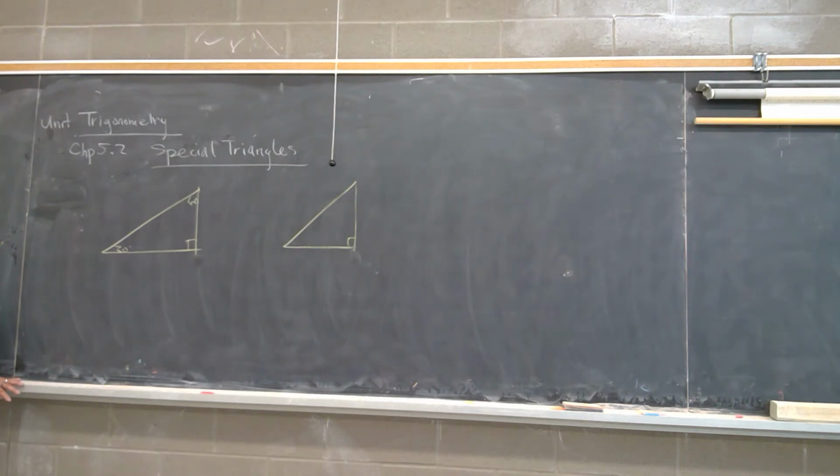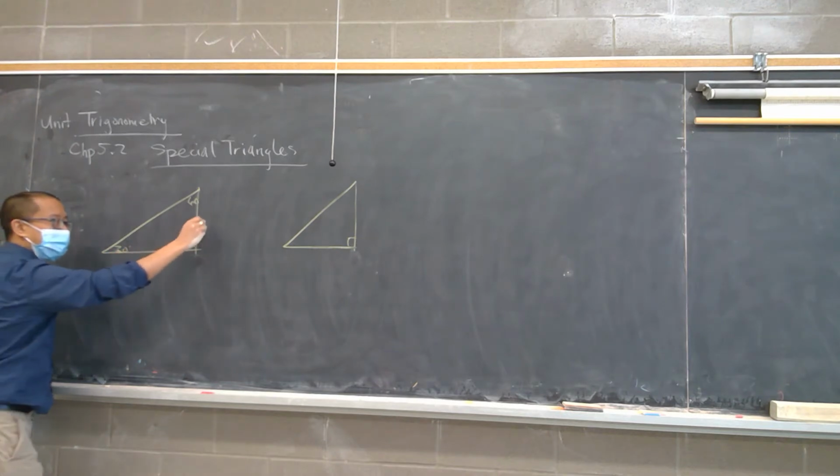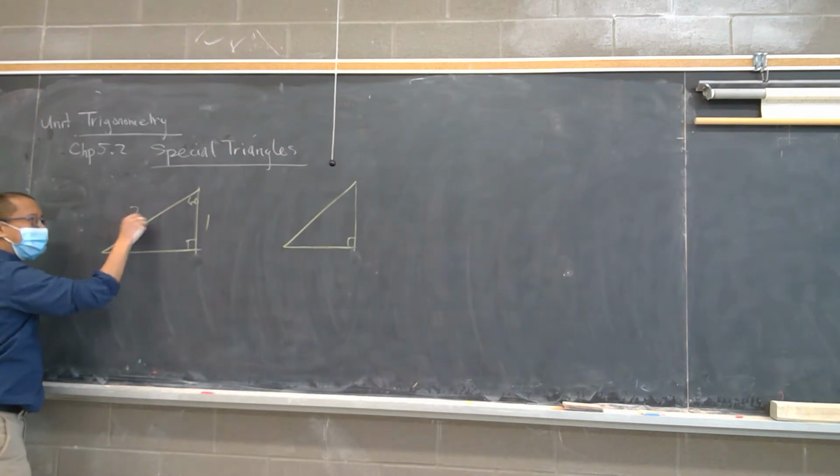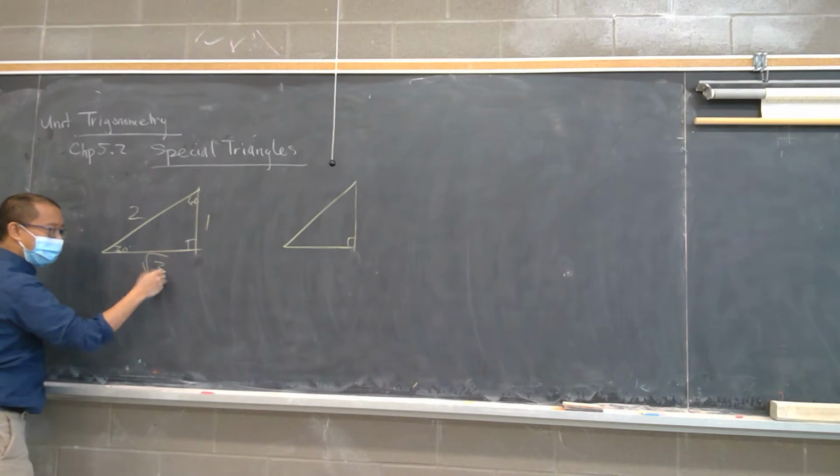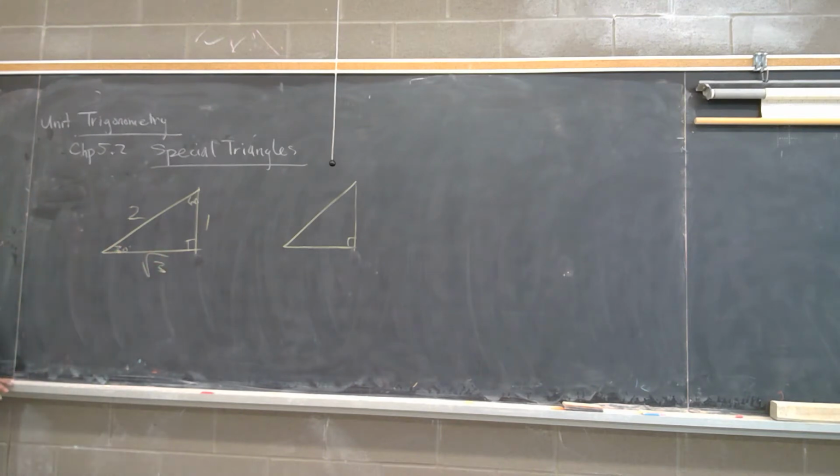It doesn't really matter what the sides are. However, with respect to this 30 degrees, the proportions are: this side will be 1, this side will be 2, and this side will be root 3. How did I get root 3 so fast? Really easy.